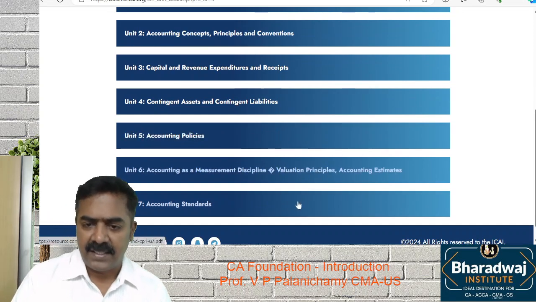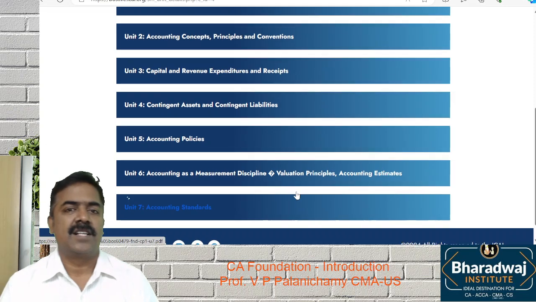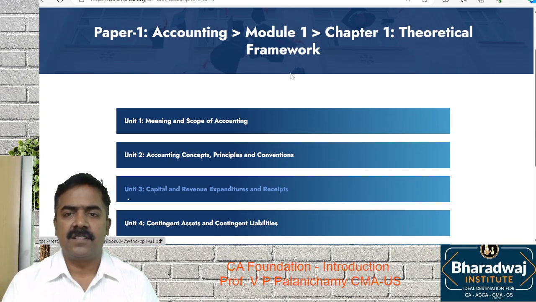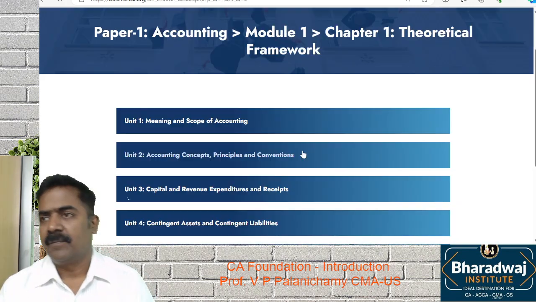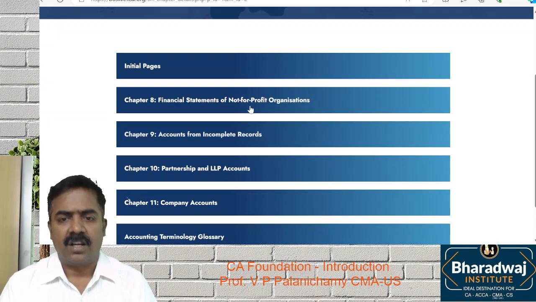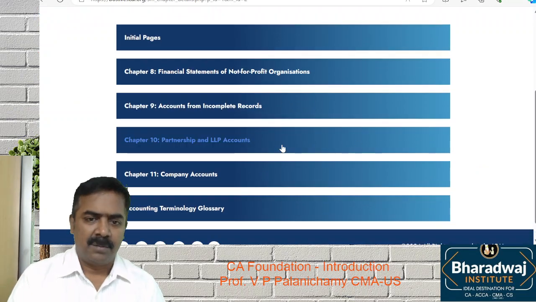So accounting policies, how to measure the various things, then what are accounting standards, how to apply accounting standards, like that. This is there in which one? Module 1. Then second is which one? Module 2. Non-profit organizations, accounts of non-profit organization, single entry. Accounting for incomplete records.